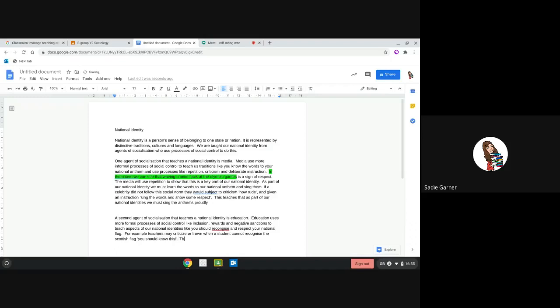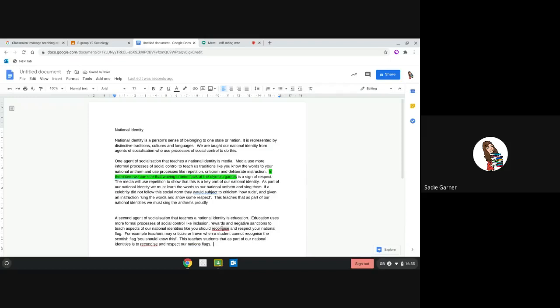This teaches students that as part of our national identities, we are to recognise and respect our nation's flags.